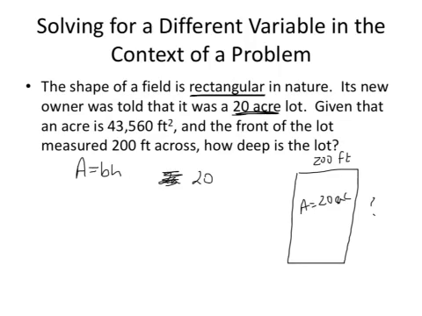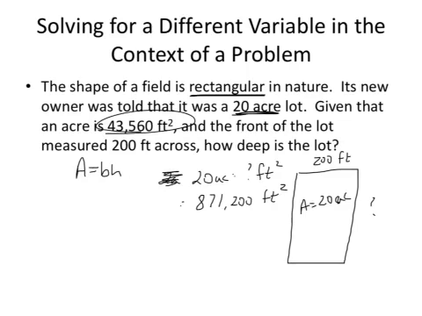So 20 acres equals how many feet squared? Okay. Well, given that 1 acre is 43,560 feet squared, 20 acres will be 20 times that. So 20 times 43,560, and that's 871,200 feet squared is 20 acres.